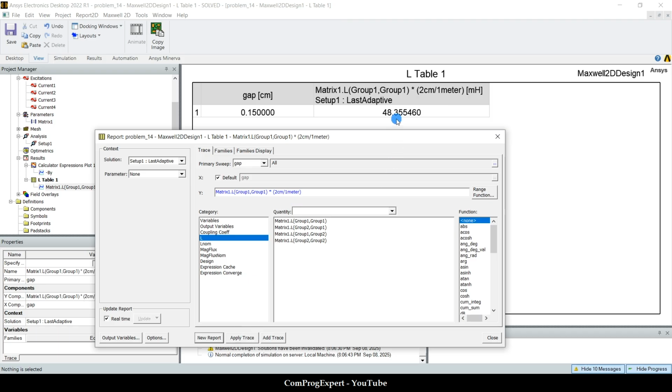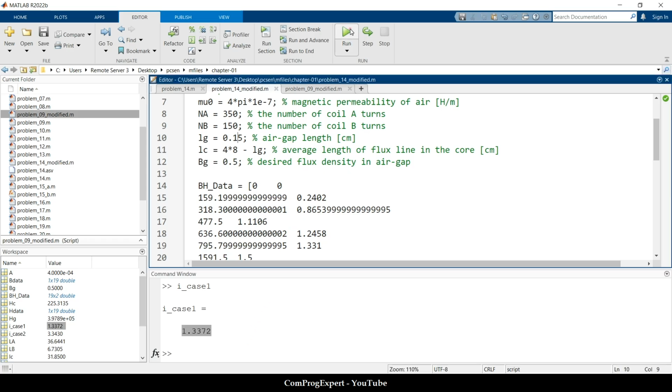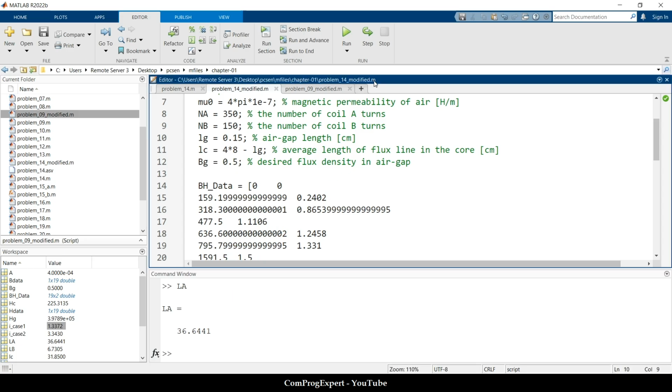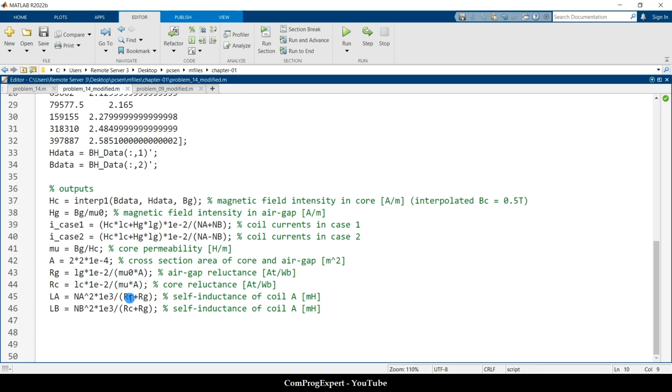Okay. So you can see the value of the self-inductance, 48, is the self-inductance of the phase A. So if I run the code, LA is equal to 36.